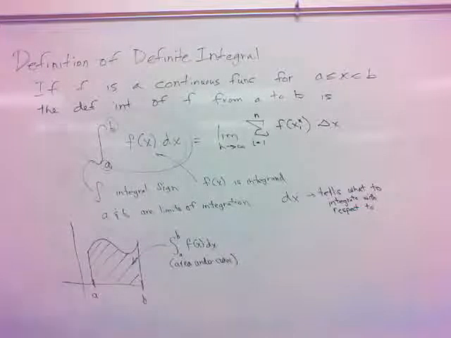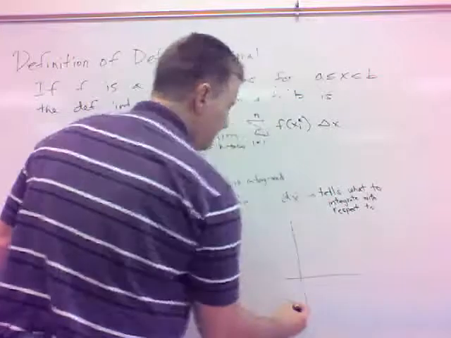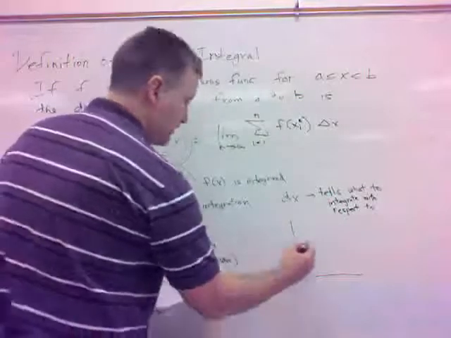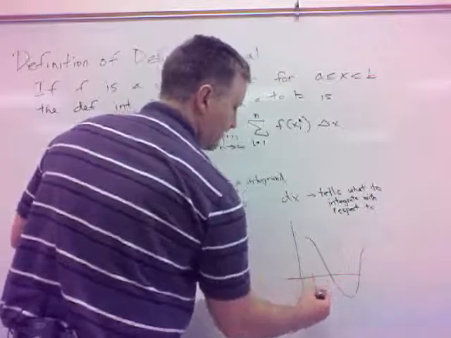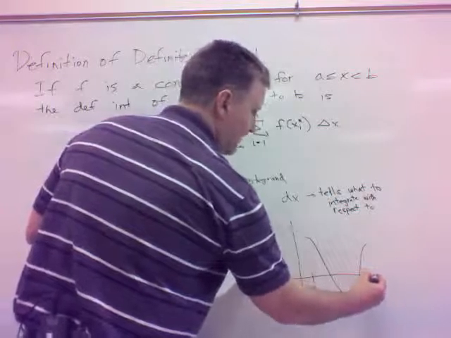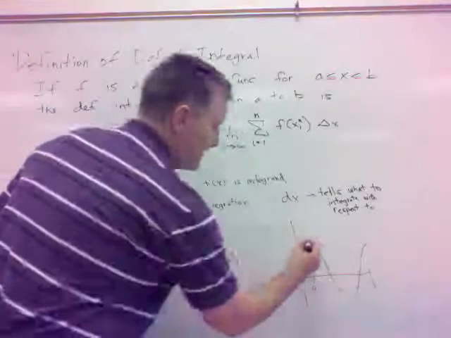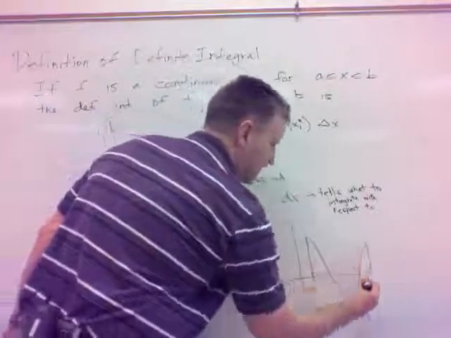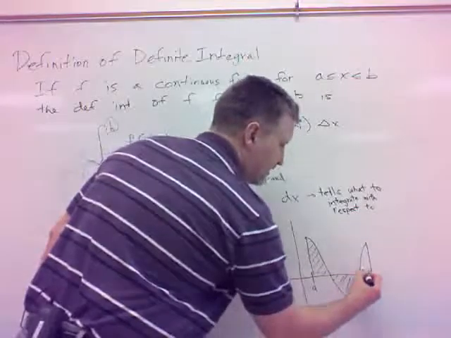Now, if my function happens to dip below the axis, like right there, what about there? Where's the integral there? Well, the integral there is the area between the curve and the x-axis, so it's here, here, and here.